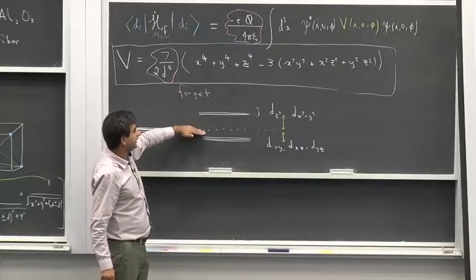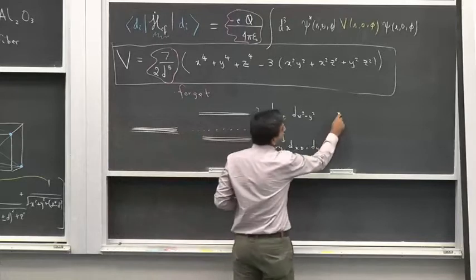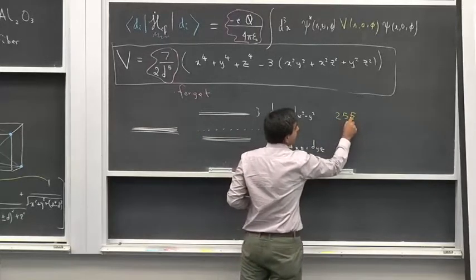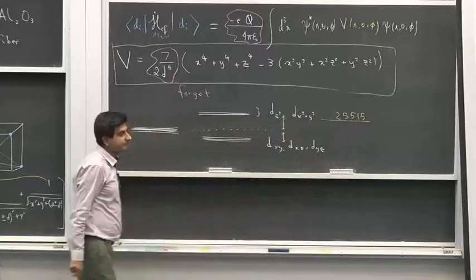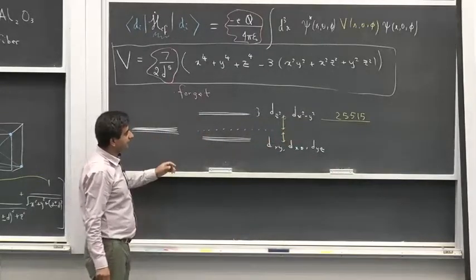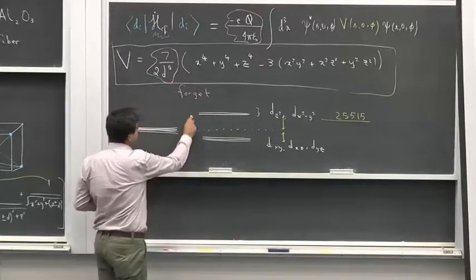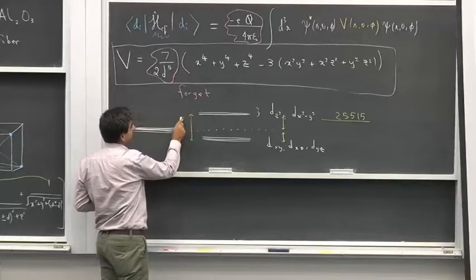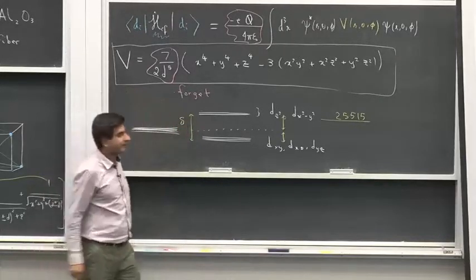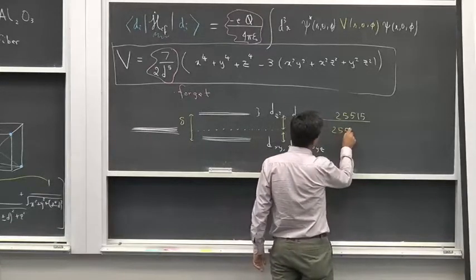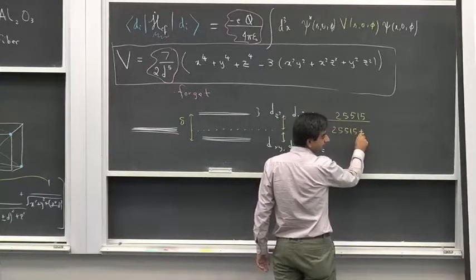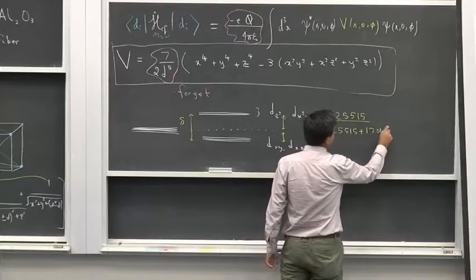This is increased by 25515. So if this gap is, say, delta, then the amount by which this is raised is 25515 over 25515 plus 17010 delta.